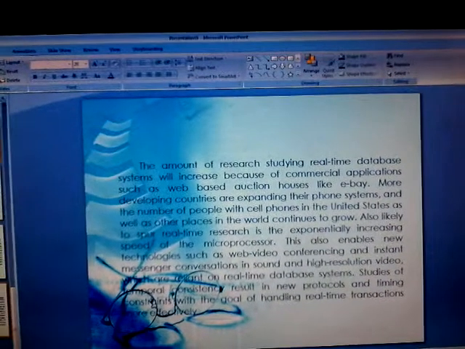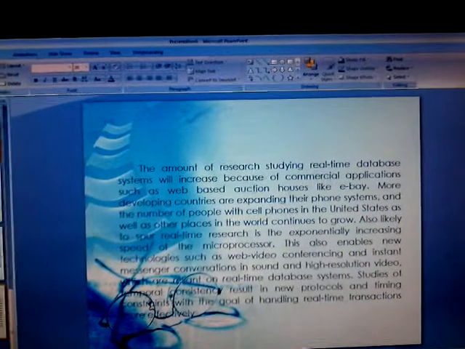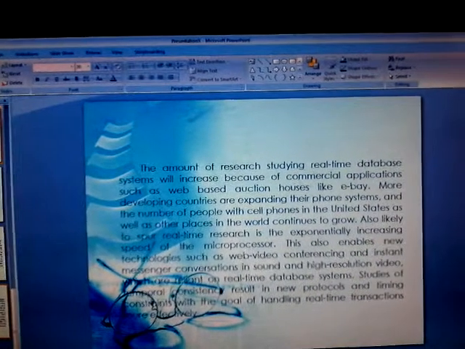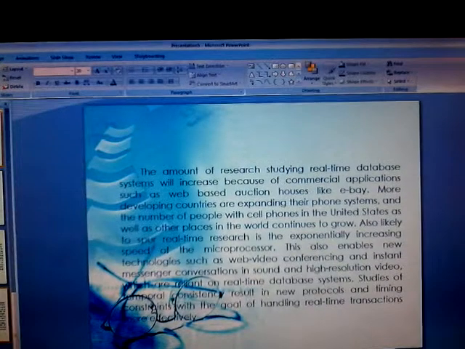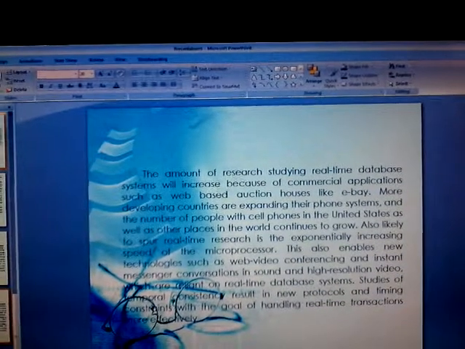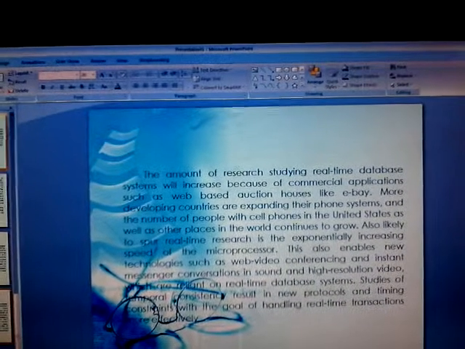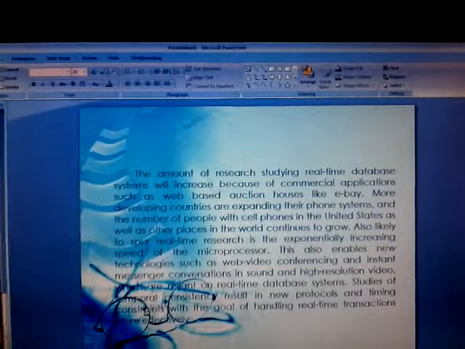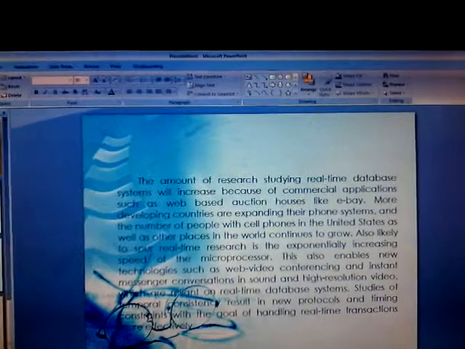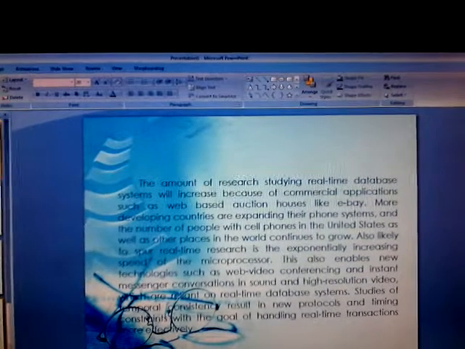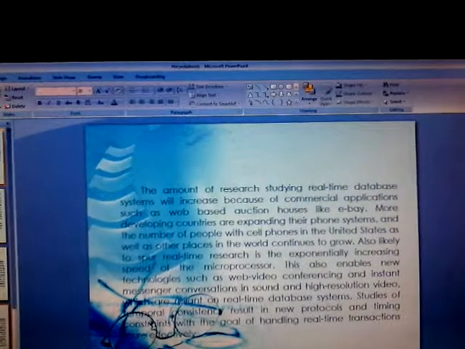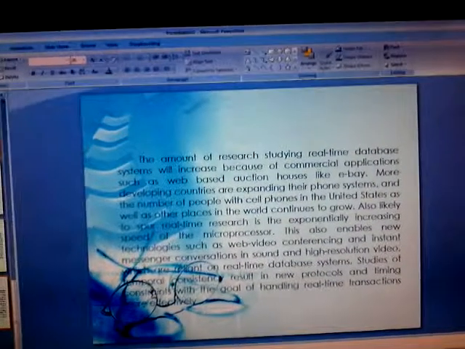This also enables new technologies such as web video conferencing and instant messenger conversations in sound and high-resolution video, which are reliant on real-time database systems. Studies of temporal consistency result in new protocols and timing constraints with the goal of handling real-time transactions more effectively.